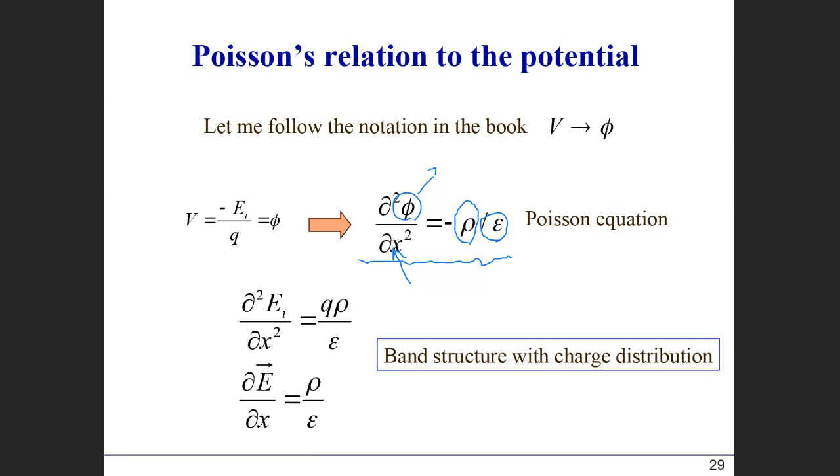Okay, so using this relationship, later on we can calculate the potential and also the electric field. Later on, when we look at the p-n junction diode as an example, I'm going to come back to this and explain how to solve this Poisson equation.